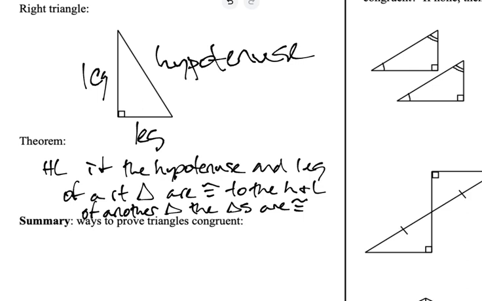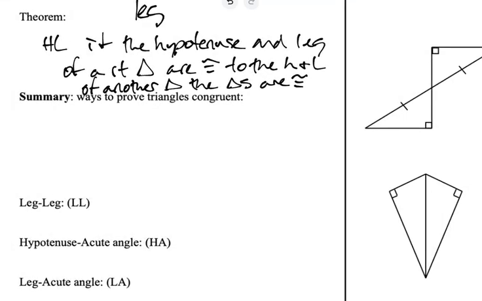So this technically is going to be a version of ASS that's allowable. You can only do it if it's a right triangle, but otherwise this is going to pop up in our proofs and our problems as we go forward.